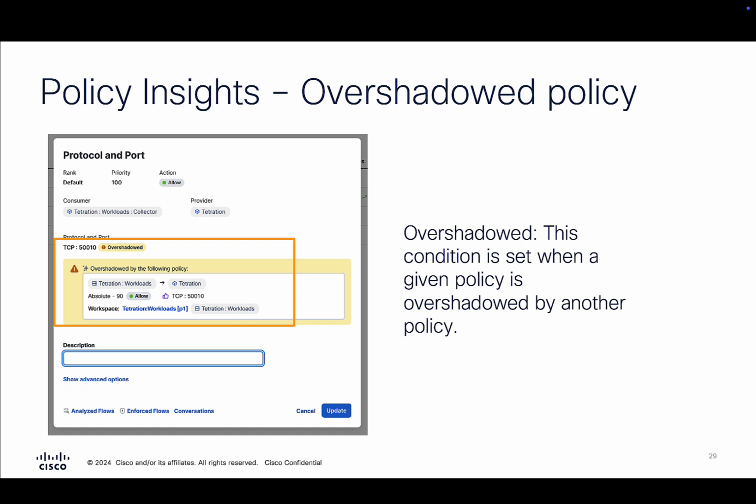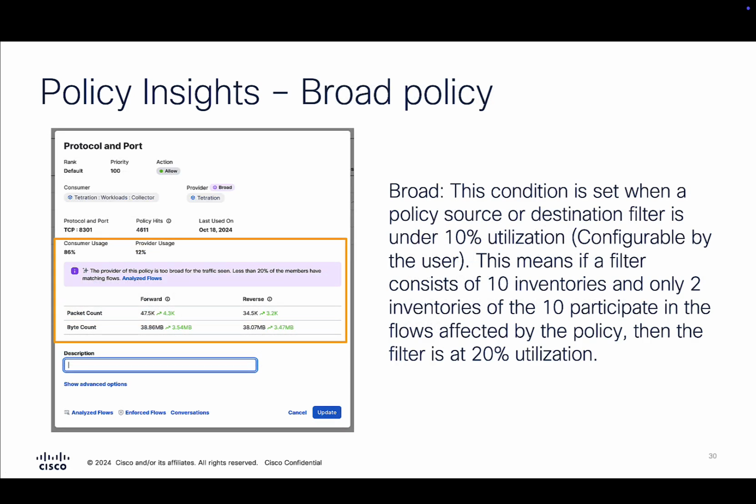Again, as you keep adding policies over time, the whole policy group gets very cluttered. So you get notifications or insights on the UI if there is a policy that is overshadowed by another policy with higher priority, at which point this particular policy is redundant and needs to be removed.